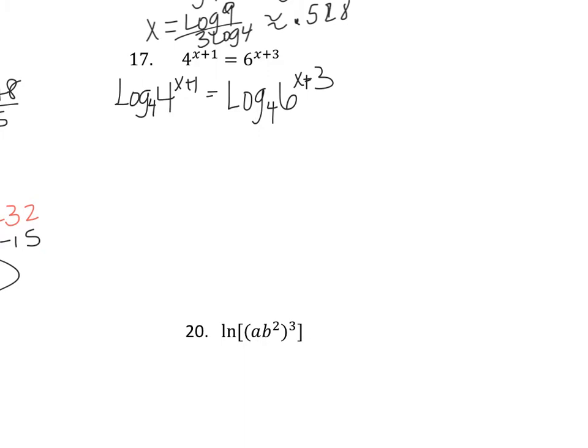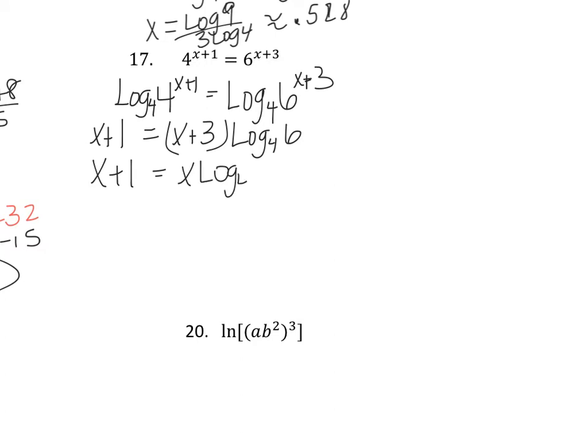The x plus 1 is just log 4 of 4 to the x plus 1 is just x plus 1. But the x plus 3 here comes out front, and we get x plus 3 times the log 4 of 6. And x plus 1 equals x log 4 of 6 plus 3 log 4 of 6.